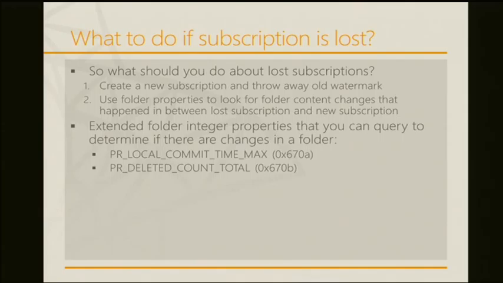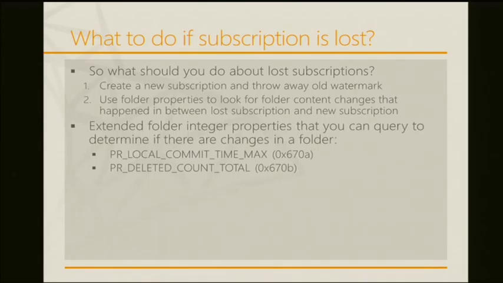So one thing you could do is use these two extended properties on the folder itself to look at, one, the local commit time max. These are actually documented in the protocol too, in the MAPI props document. I should have had the name of that protocol document in here, but you can look these up.